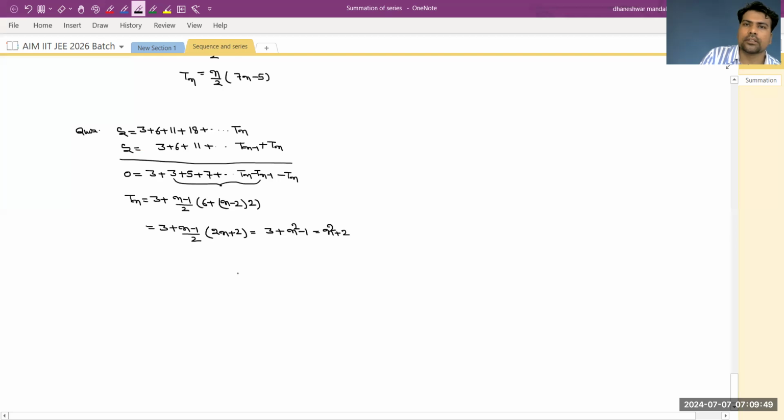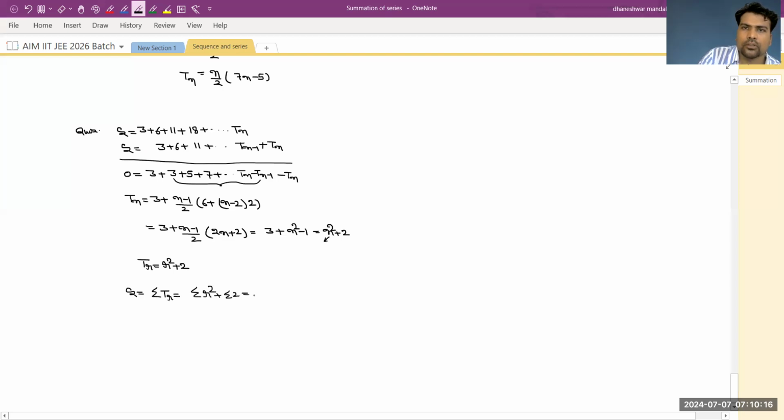Is this clear? So now I have T of n, and if T of n is there, then I can write T of r also from here. So r square plus 2. What I did here, I just replaced n with r. If I want to calculate the sum, then the summation of T of r is the summation of r square plus the summation of 2.